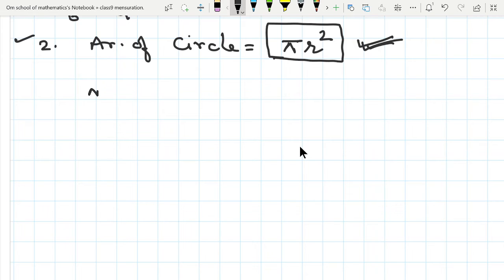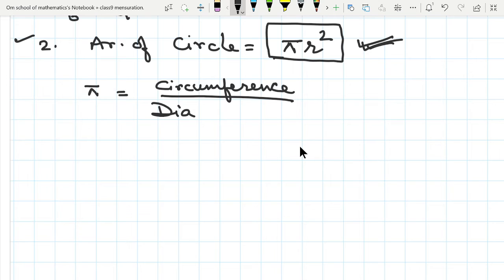See, the definition of pi is the ratio of circumference by diameter of the circle. Clear?